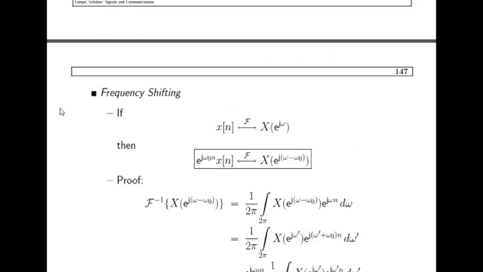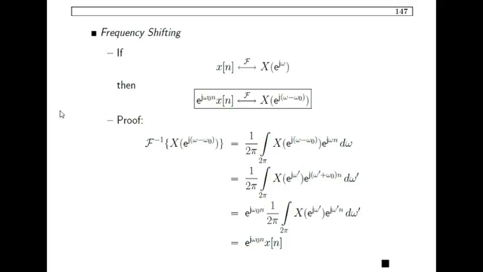If we have x of n as the signal and its Fourier transform is X of e to the power j omega, then e to the power j omega naught n, if multiplied with x of n, will give us the Fourier transform shifted in the frequency domain. As you can see here, X of e to the power j omega minus omega naught.